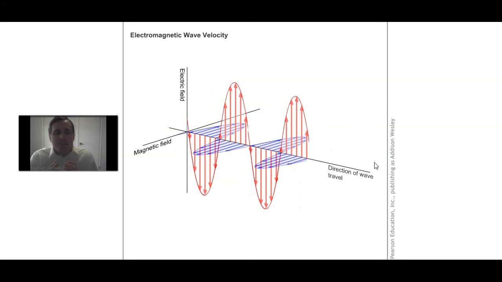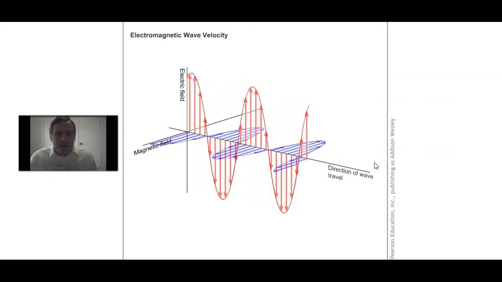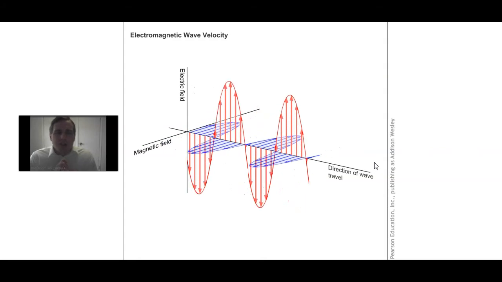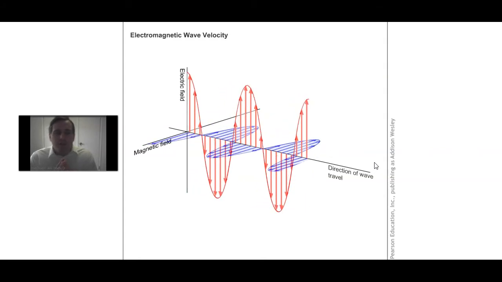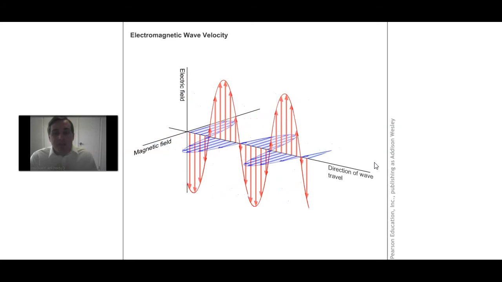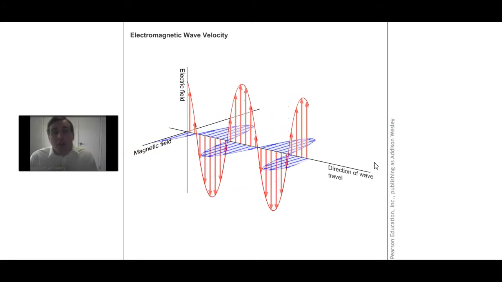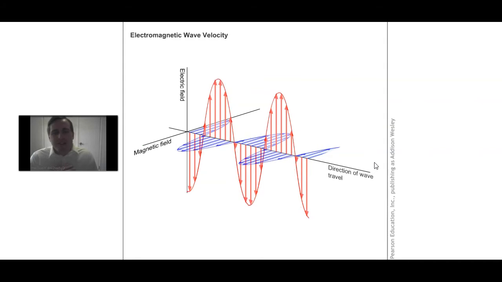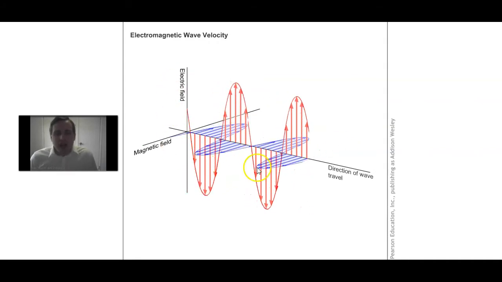Turns out the speed of light is a little bit smaller than that if you look up the technical value, but it's pretty close within round-off error to 3.00 times 10 to the 8th meters per second. So that's 300 million meters every second that light travels.